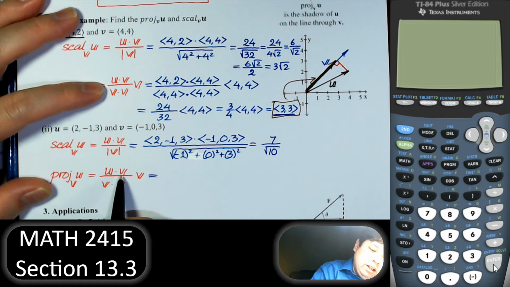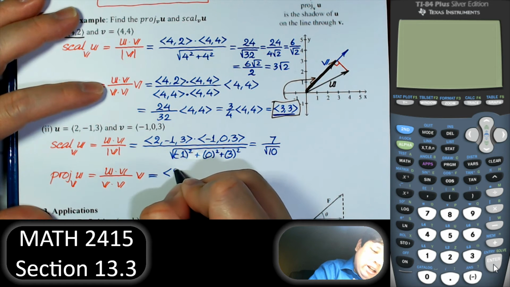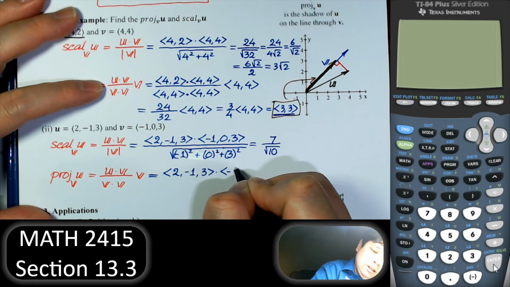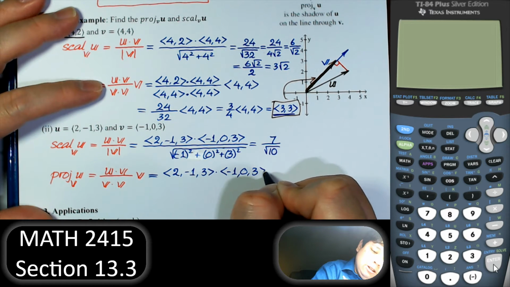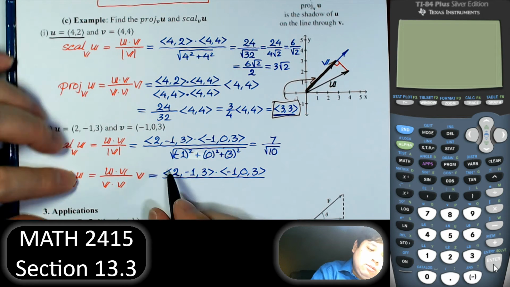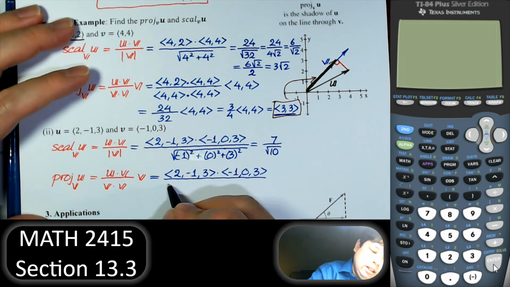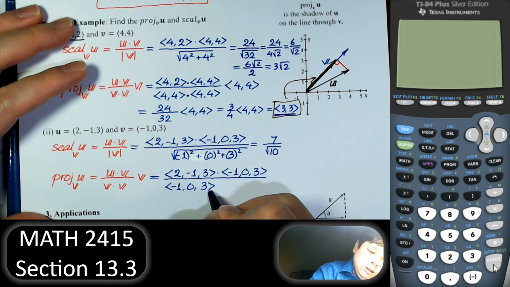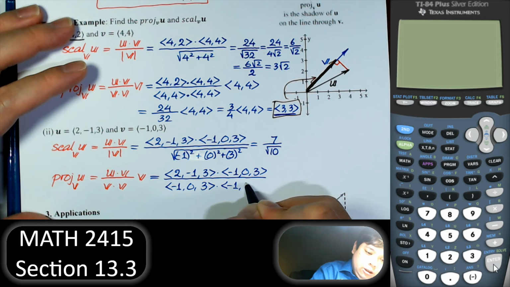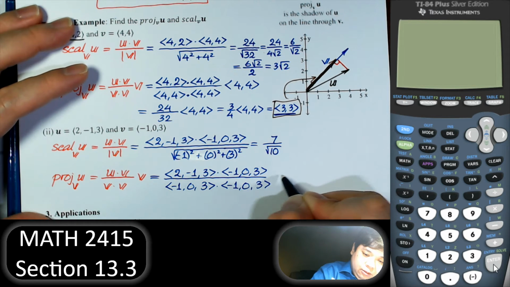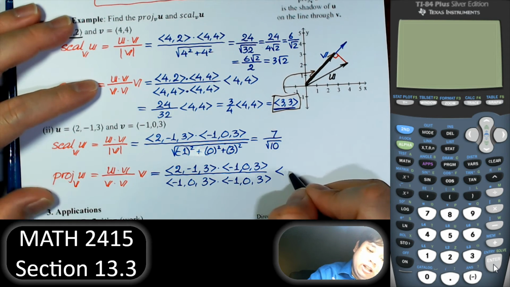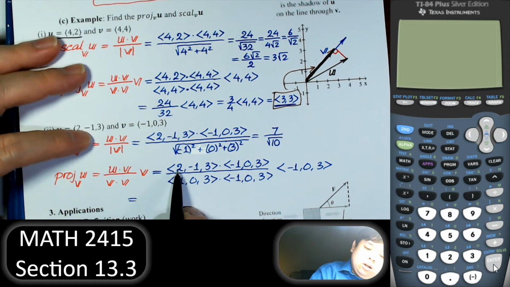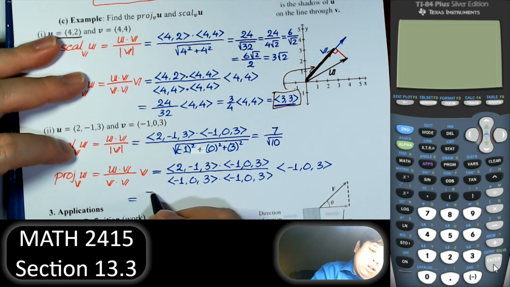So I'll just write everything again: u dot v over v dot v, and then times v. We did the dot product already, which is 7.